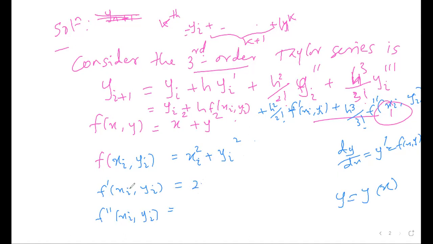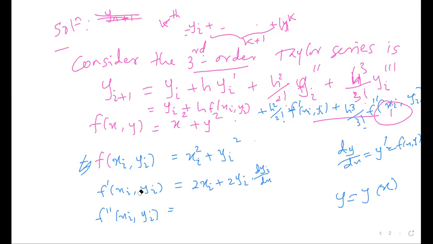It should be 2x_i plus 2y_i times dy over dx. Okay, give me a second.